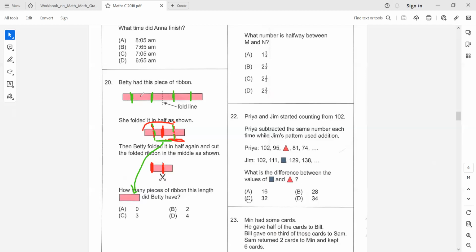Now, if you want to try, you have a strip of paper, and you fold it and cut it. You will have this length of pieces, 3 pieces. Can you imagine that? Yeah, if you're not sure, you have to get a paper and cut it. After the class, you can do that. Then you can see that the answer will be 3.